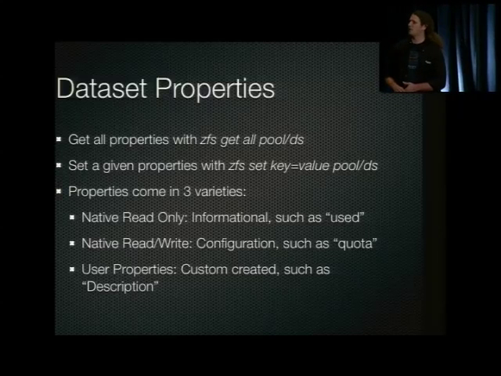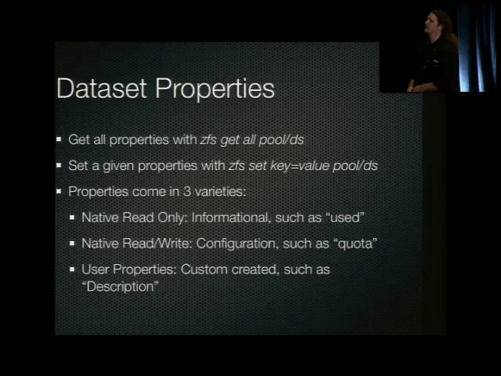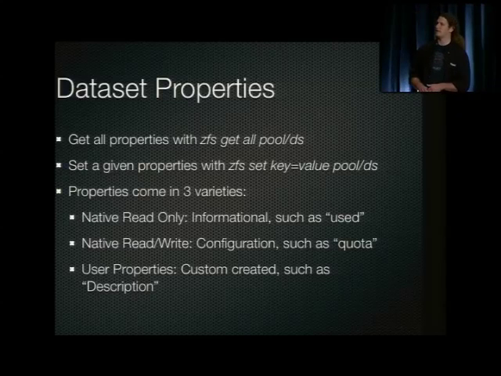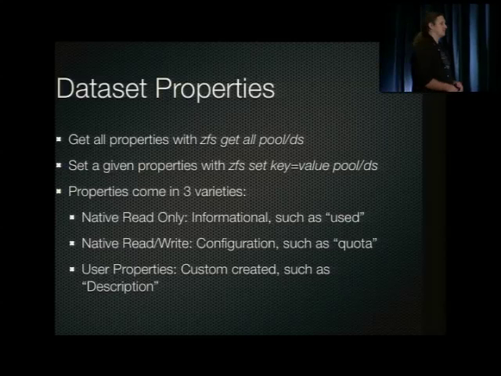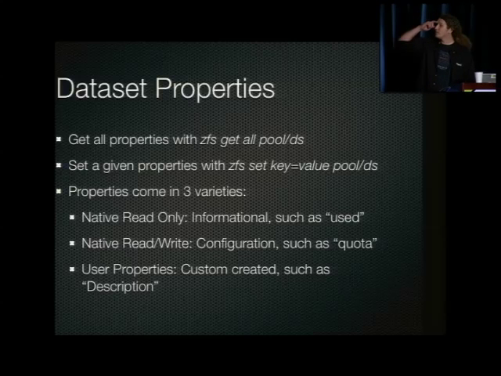There are native read-only properties, such as used. You can't change the amount of used disk, at least not by changing the property. It's just informational. Then there are native read-write properties, such as setting a quota, or sharing via SMB or NFS. And then there is a third type, which is user-defined properties.